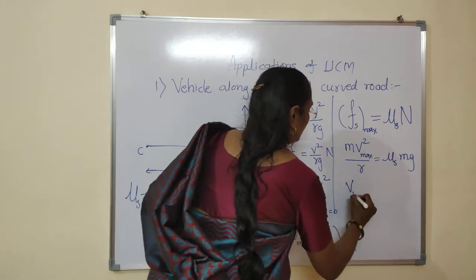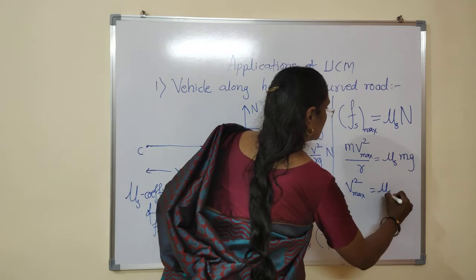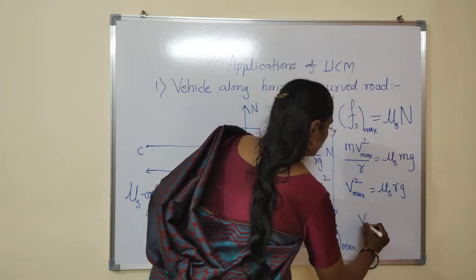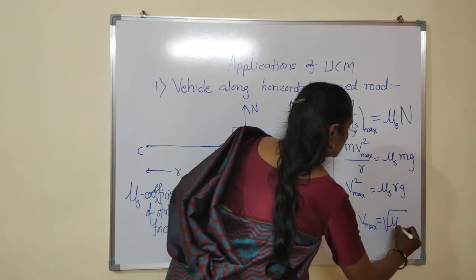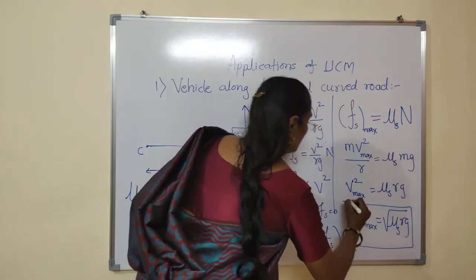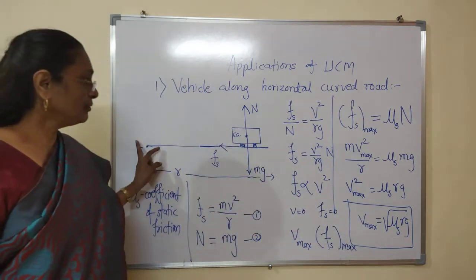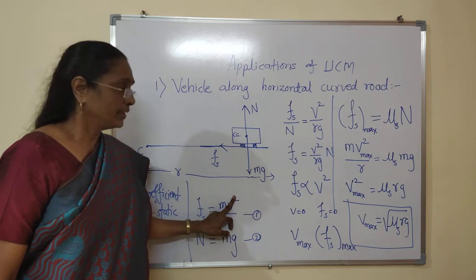So we get v_max² = μs r g, and v_max can be written as the square root of μs r g. So this is the maximum speed limit with which the vehicle can be driven along the curved road.